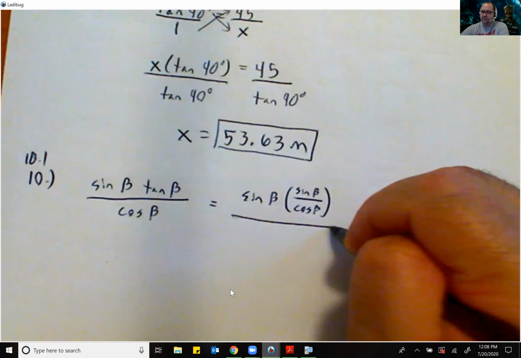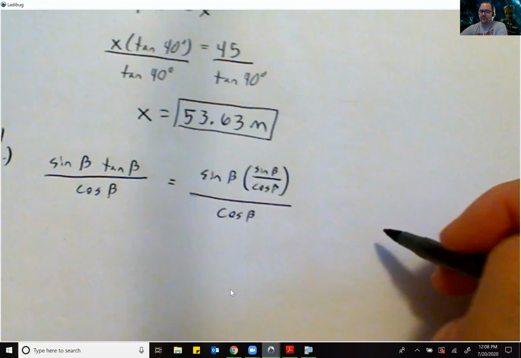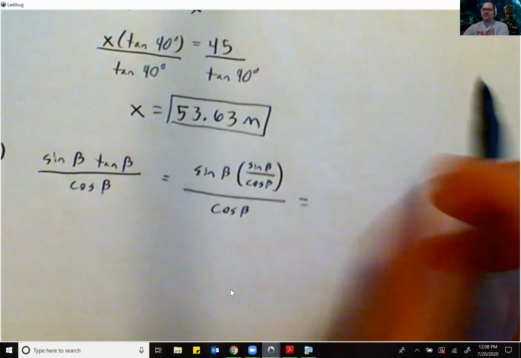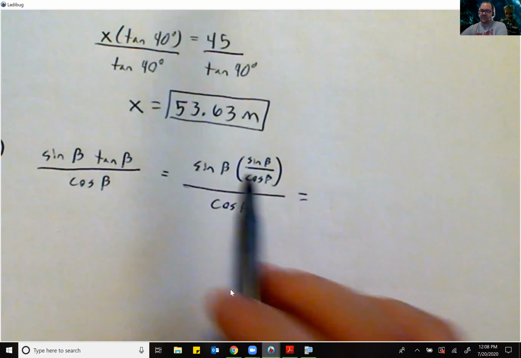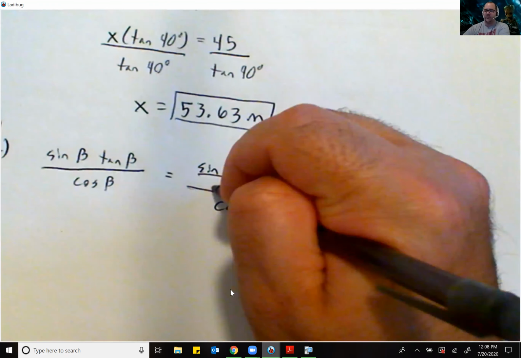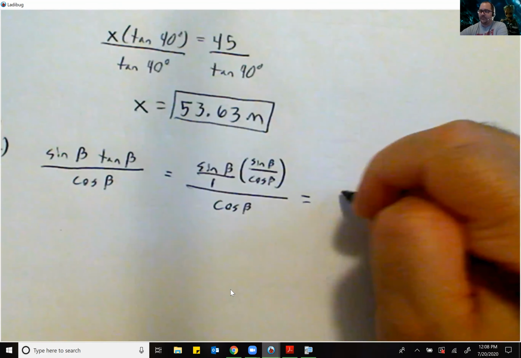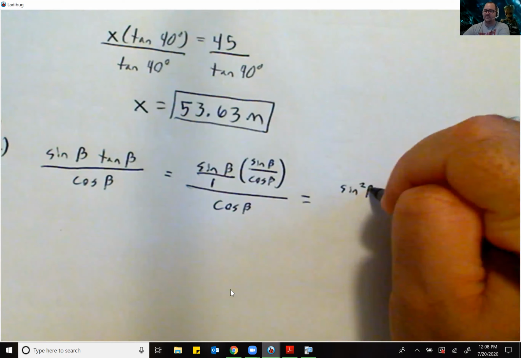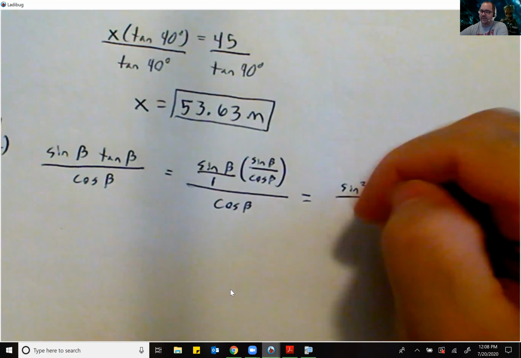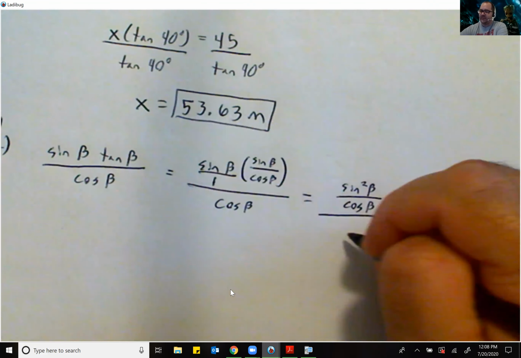All over cosine beta. Okay? So we multiply across the top. Remember, these are 2 fractions. This guy is actually over the number 1. So if you multiply across the top, you get sine squared beta. All over 1 times cosine is cosine beta. And this is all over cosine beta.